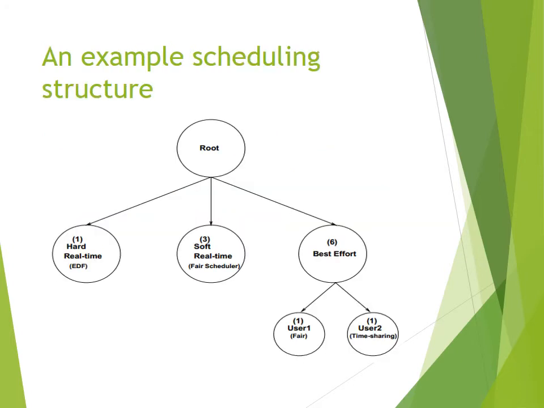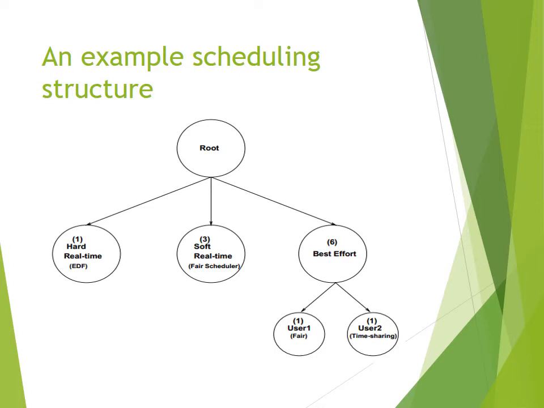Here is an example scheduling structure. The root node has three sub-nodes: hard real-time, soft real-time, and best effort, with weights 1, 3, and 6 respectively. The bandwidth of the best effort node has been further divided equally among leaf nodes, user 1 and user 2.